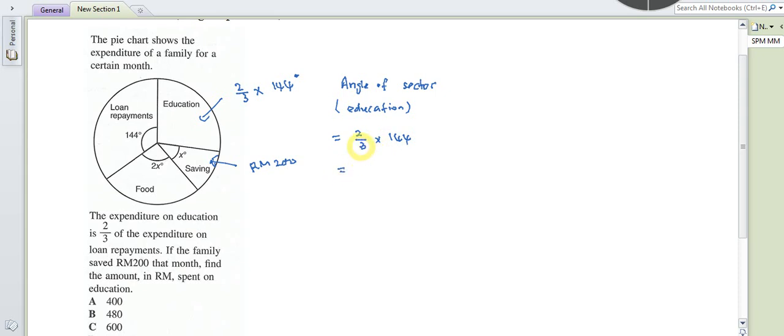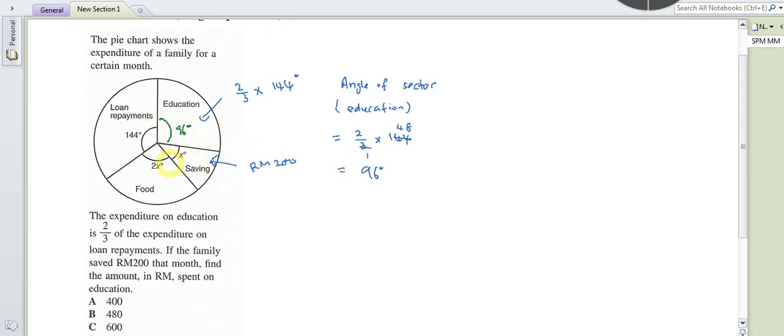Okay, this one you just press the calculator. You should be able to get 96 degrees. So this is 96 degrees.